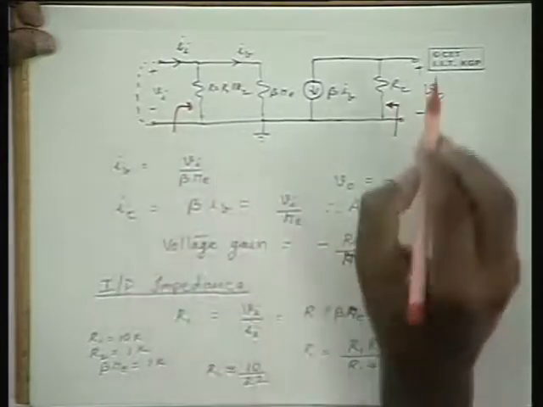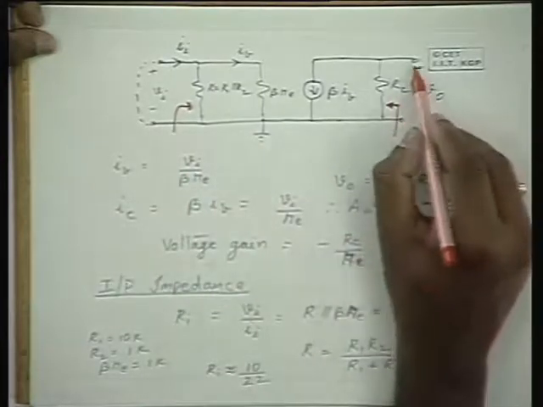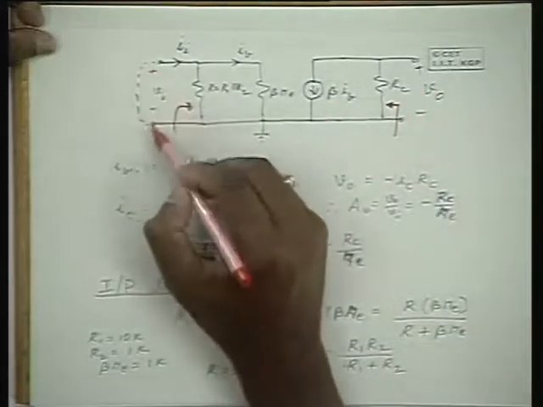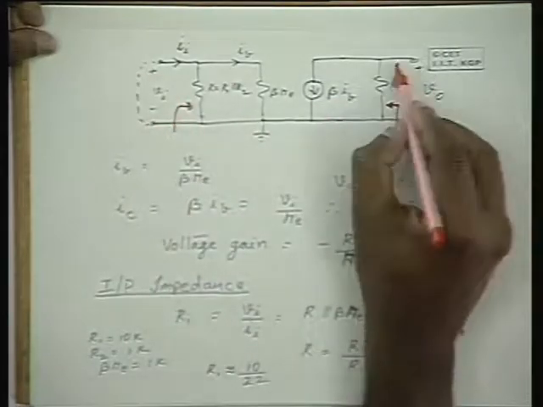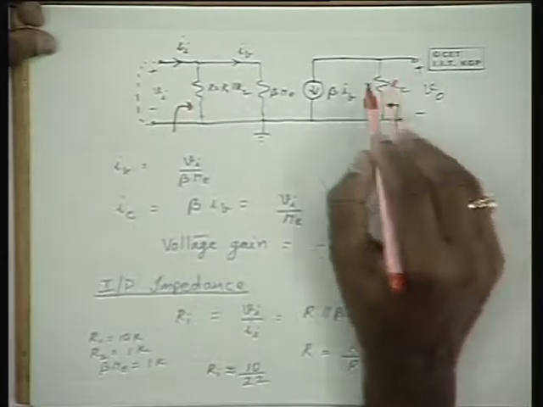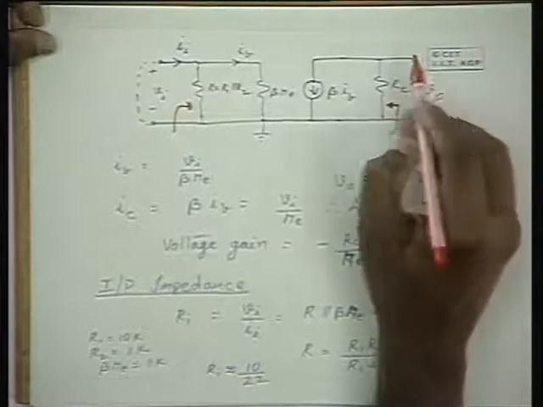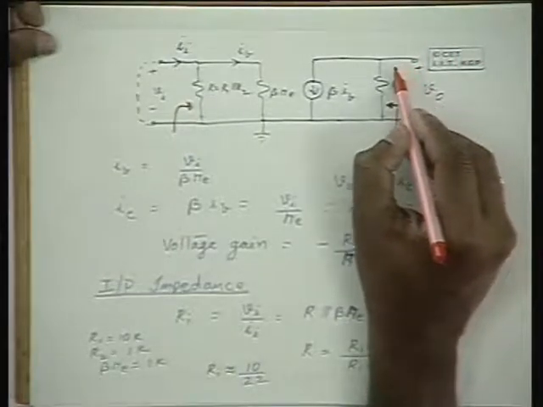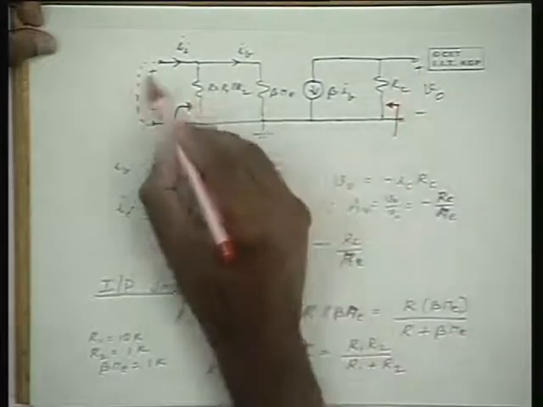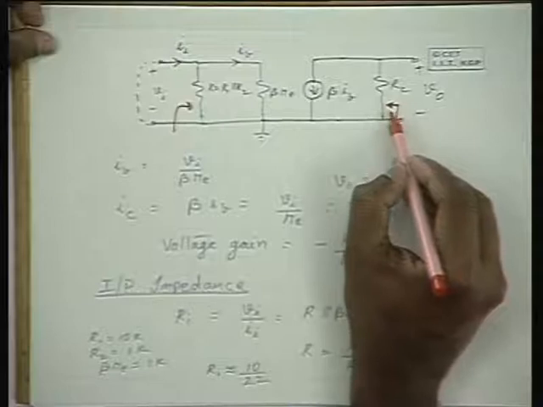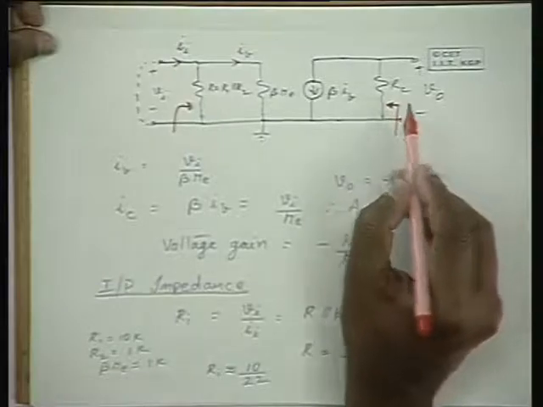How do we define the output impedance? If you connect a supply here and replace the input by a short circuit, the current drawn from the supply is measured, and the voltage divided by that current that flows inside is the output impedance. Or when the input is replaced by a short circuit, the impedance looking into these terminals is the output impedance.